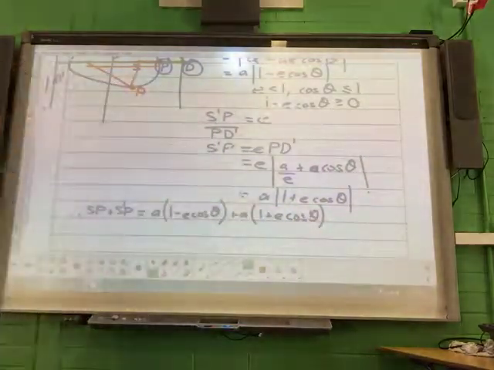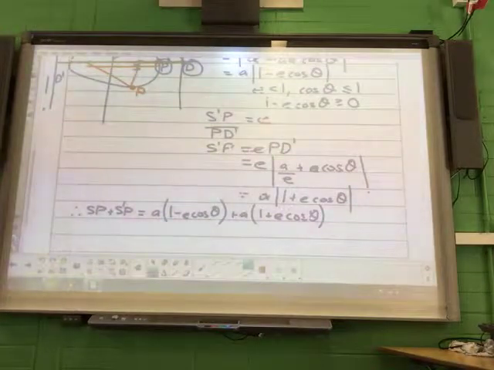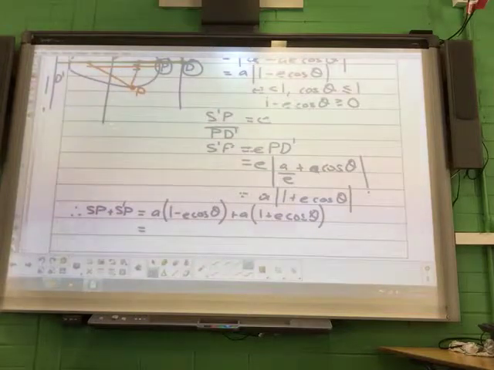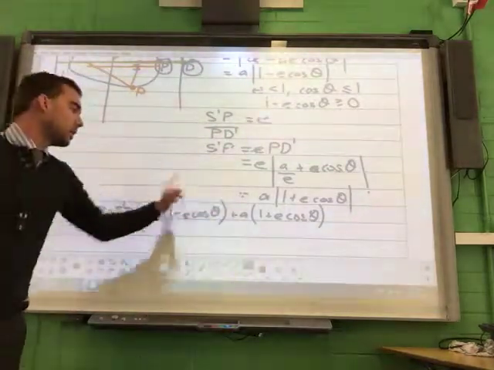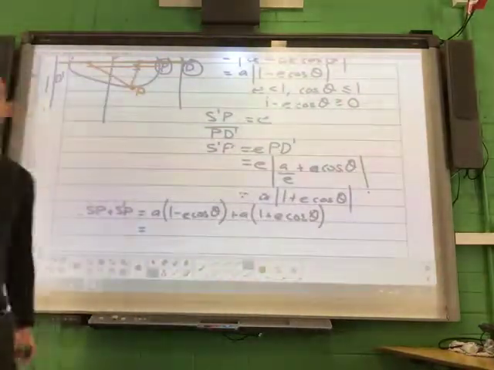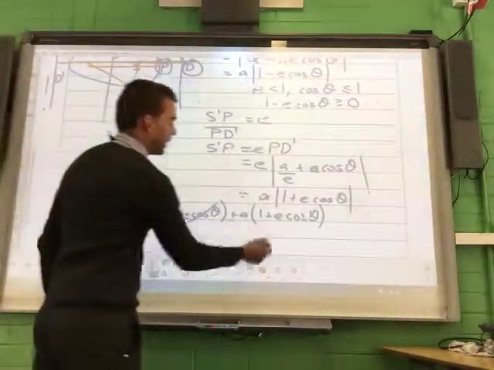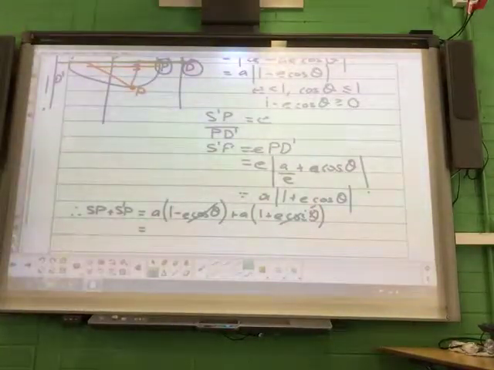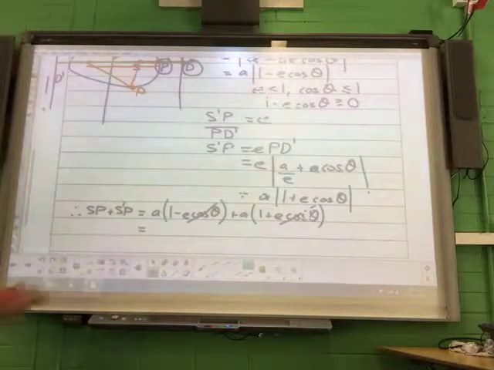I can ignore the absolute value sign because I've already established that they are both positive. A bit of expansion and tidying up: both have a common factor of A at the front. This has a negative E cos theta, that's a positive E cos theta, so these two cancel when I expand, giving me negative AE cos theta plus AE cos theta. And I'm left with A plus A, which is 2A.